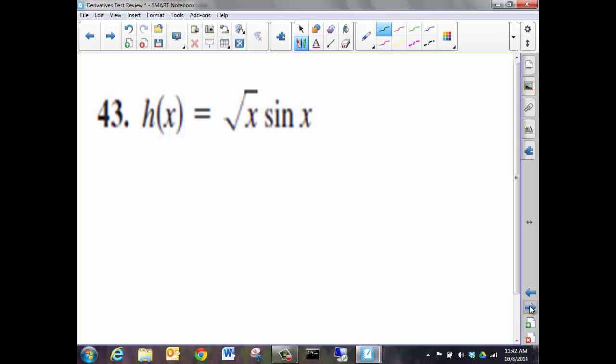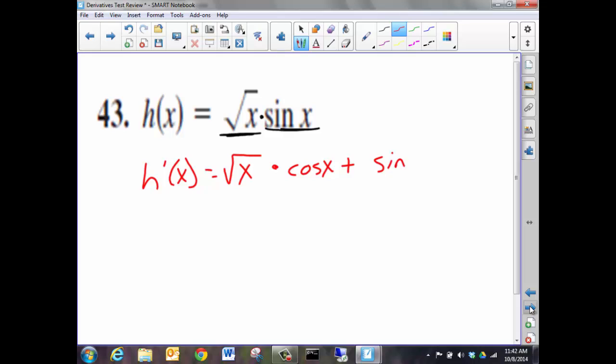Product rule, okay? Because I've got a first thing here and a second thing back there. So if we work through this, h prime: first, square root of x, times the derivative of the second, cosine x, plus second, sine x, times the derivative of the first. What's the derivative of root x? 1/2 x to the negative 1/2. Okay?